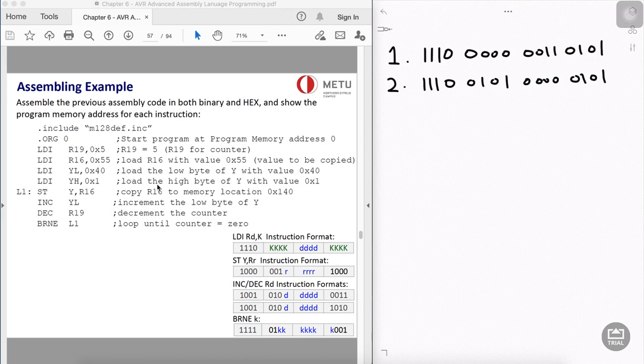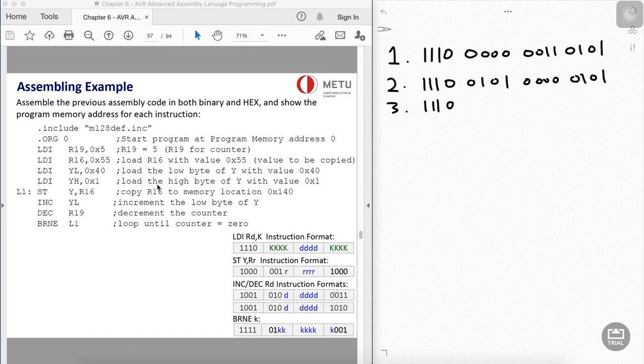Now, next one is LDI YL hex 40. So the third instruction is LDI YL hex 40. That's again 1110. Now YL, if you do remember, which register is YL? X is 26, 27, Y is 28, 29, and Z is 30, 31.